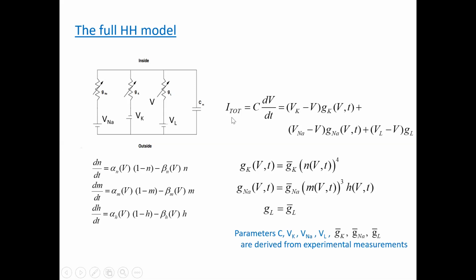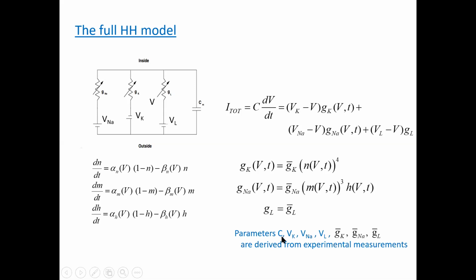So we have 4 variables: the membrane potential V, and the variables n, m, and h, which are the gating variables. The fraction of channels of potassium activation, sodium activation, and sodium inactivation.